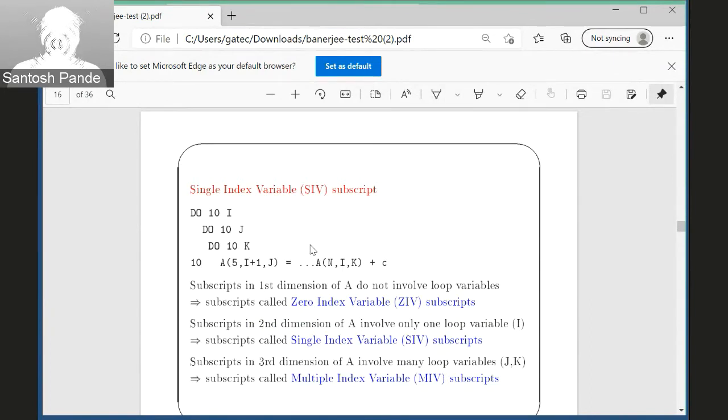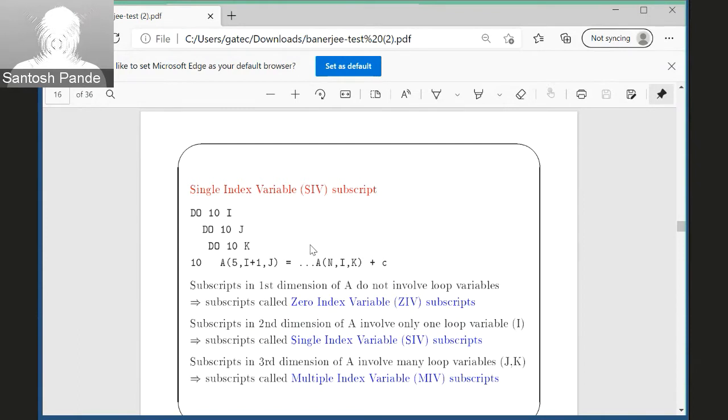Not only were they like this, they also had even simpler characteristics. Based on those, different kinds of dependence tests were developed to pick up all the common cases and then leave the hard ones and maybe do some approximations. So right here you can see that there are such cases in this example.